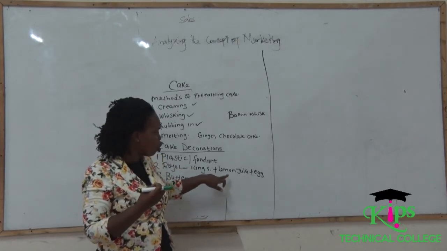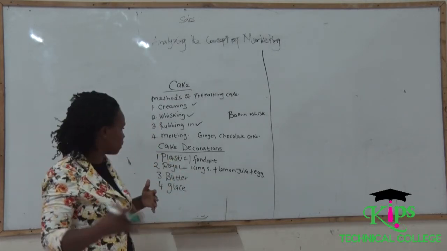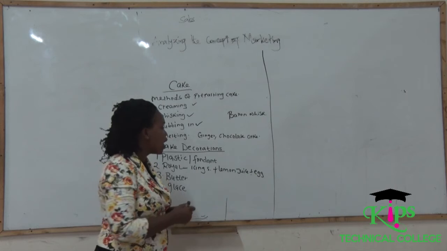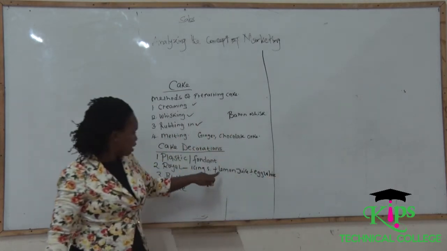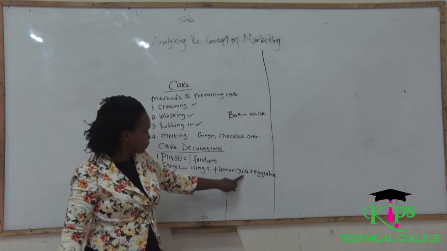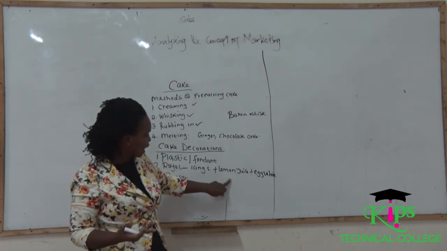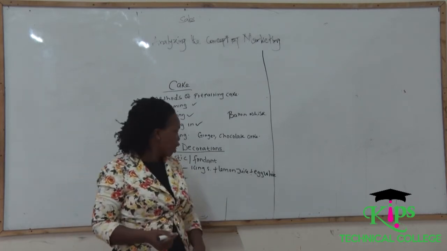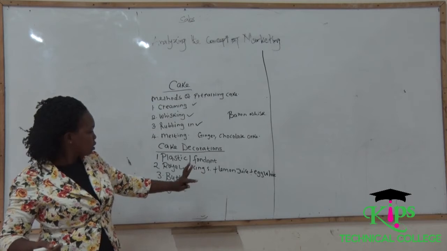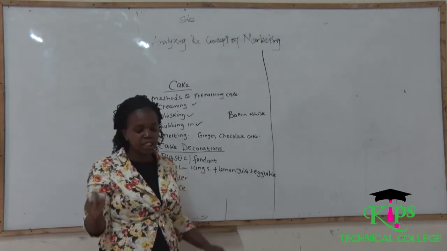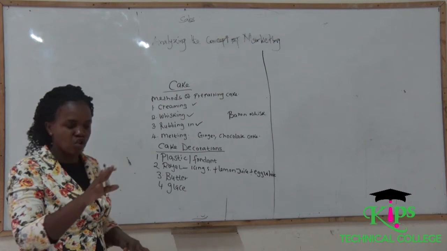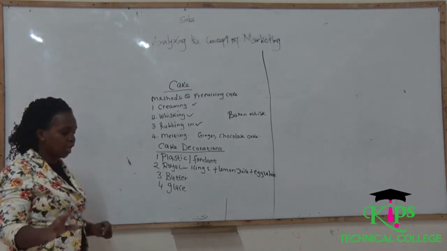You find the yolk has a lot of smell. So that's why you use the egg white. And then you use some lemon juice at least to counteract the smell of the egg white. So you just mix your sugar with the egg white, you make a paste, and then you apply it onto your cake.